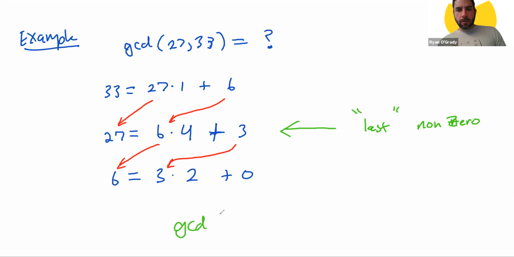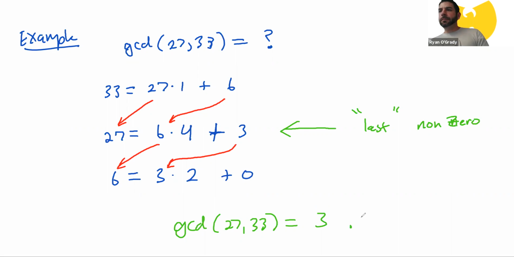And so the GCD of 27 and 33 is 3. Does anybody have a question about this?